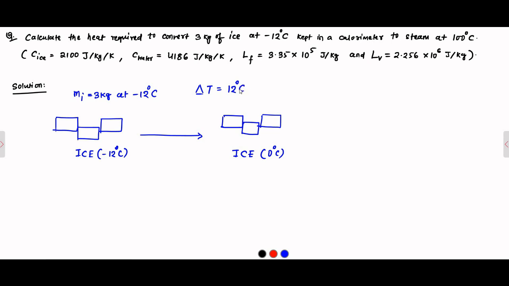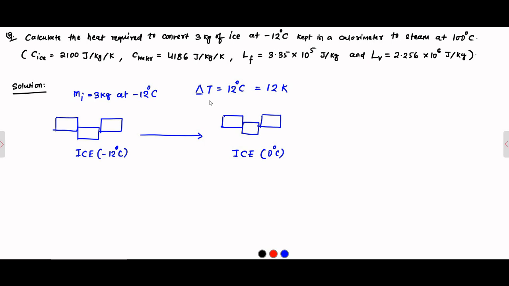Now we have already discussed in a lot of questions that a change in temperature, increase or decrease in Celsius, will produce the same change in Kelvin. So a change of 12 degrees Celsius is the same as a change of 12 Kelvin. But that does not mean that a specific temperature of 12 degrees Celsius is equal to 12 Kelvin.